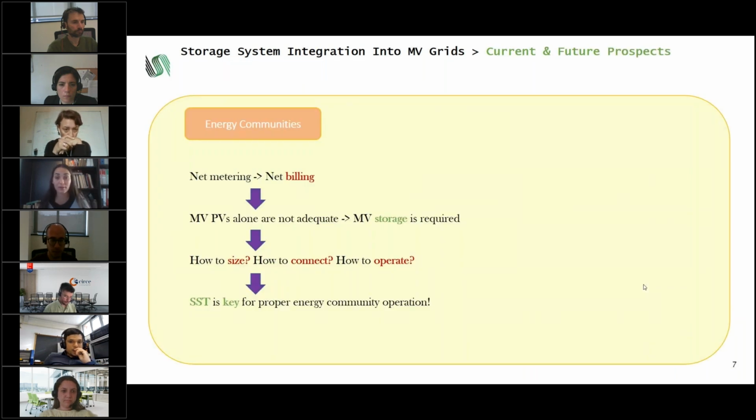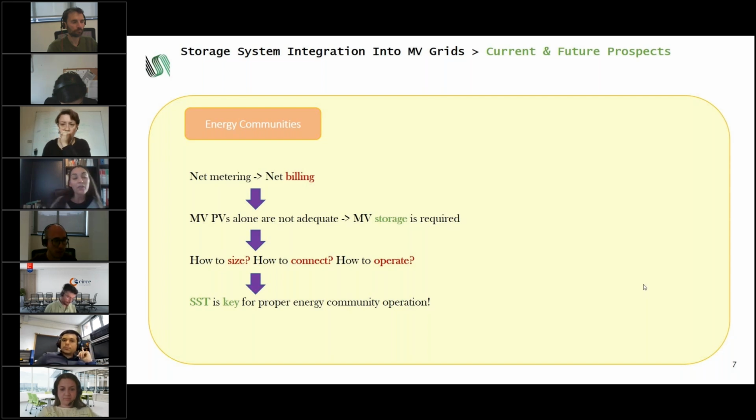Now, these were the past applications, but in modern power systems, we have a few innovations, a few challenges, a few shifts. So let's check the current and future prospects. The most promising one is the energy community. In energy communities, we have the shift from net metering to net billing policies.